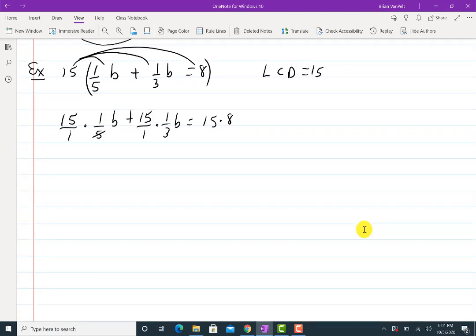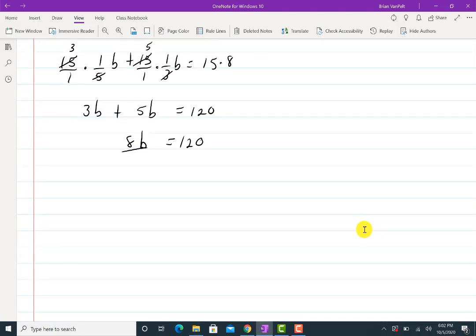Between the 5 and the 15, I can cancel and get a 3B for that part. On the other one, 3 goes into 15 5 times. I'll get a 5B. 8 times 15 is 120. Notice how simple it is once the fractions are all gone. I can divide both sides by 8, and I'll get B is equal to 15.